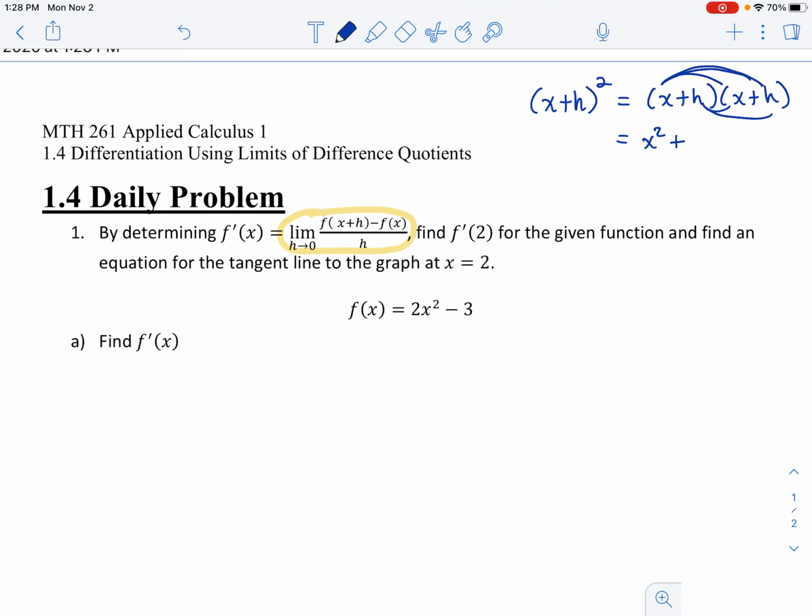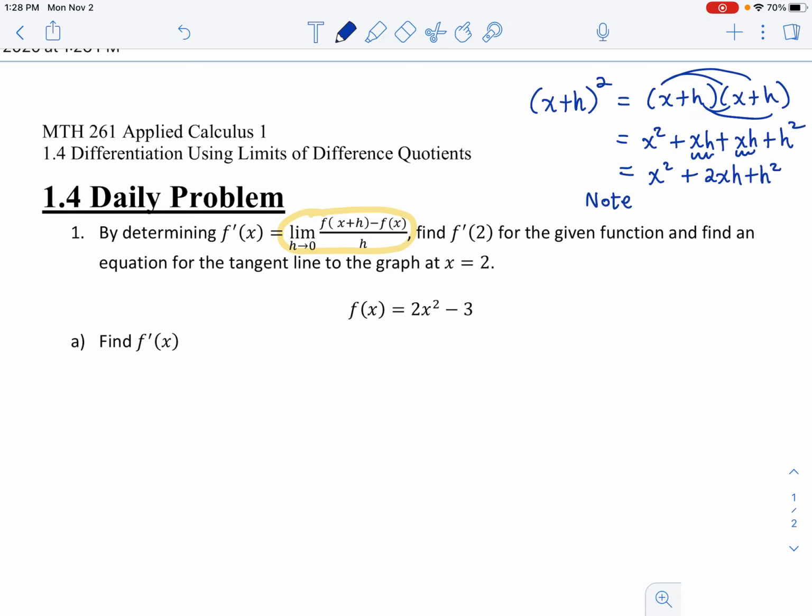You're going to get x squared plus x times h, which is xh. And then you're going to get h times x, which is hx, but let me write it as xh. And lastly, h squared. And I can combine these two xh. I have two of them, so that will be 2xh plus h squared.